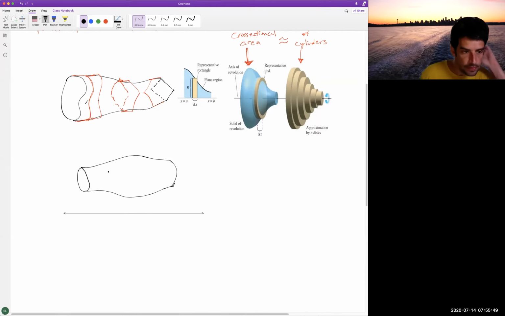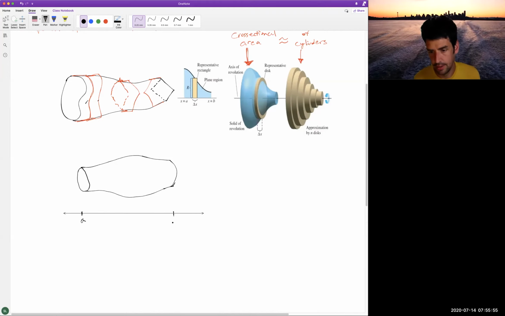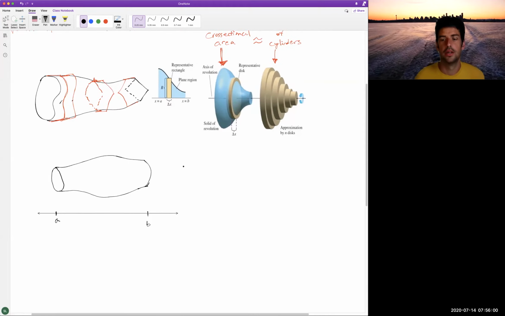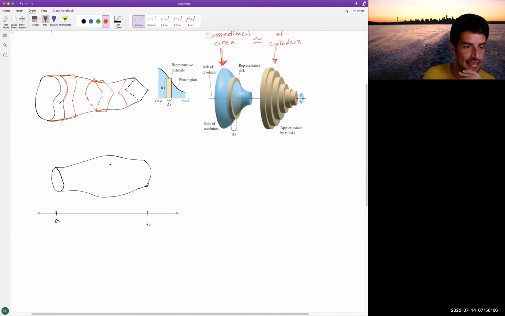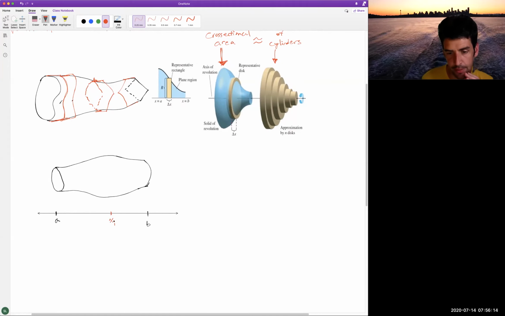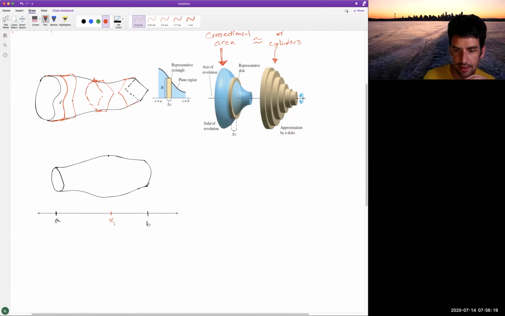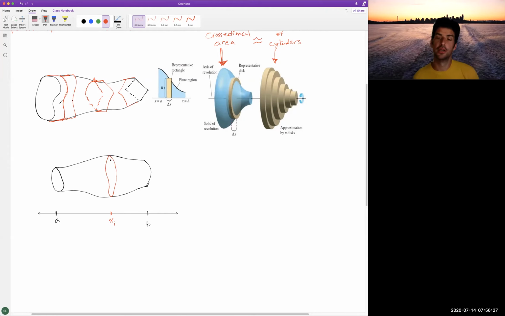Now, let's mark the endpoints. Let's say it goes from A to B. If I pick a point in this interval, let's call it x sub i, and I slice this shape, it's going to have some area.